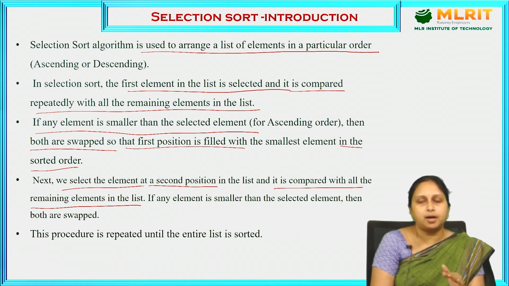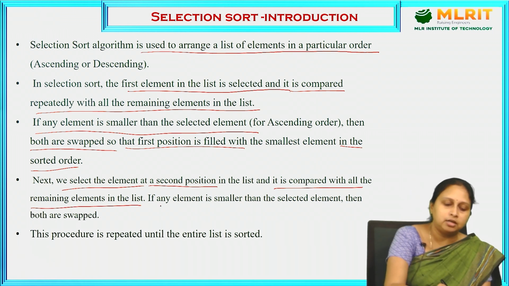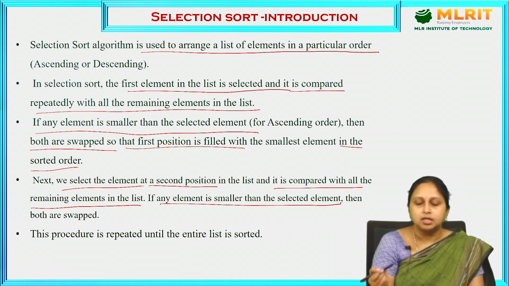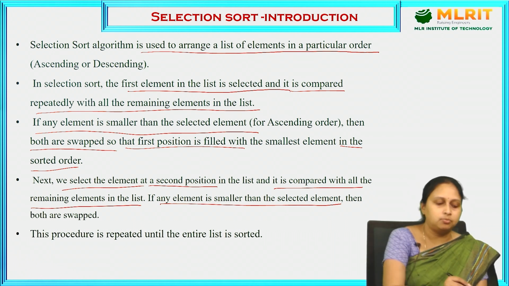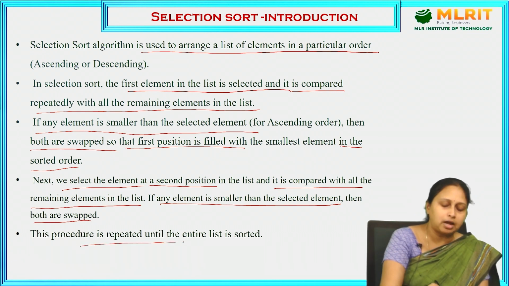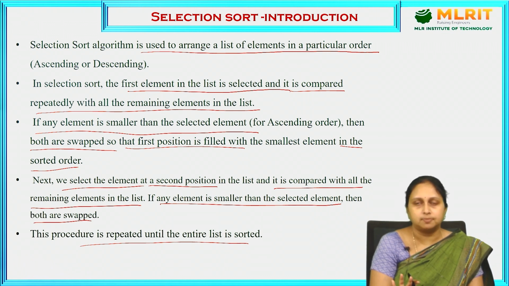If any element is smaller than the selected element, then both are swapped. This procedure has to be repeated until all the elements in the list are in sorted order.